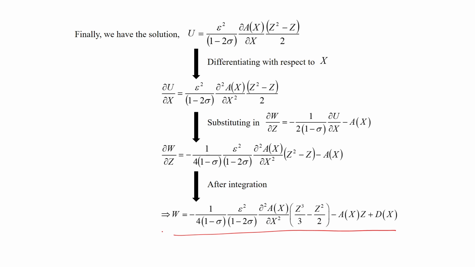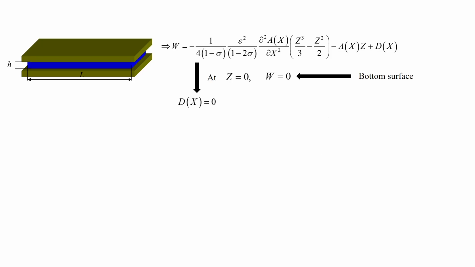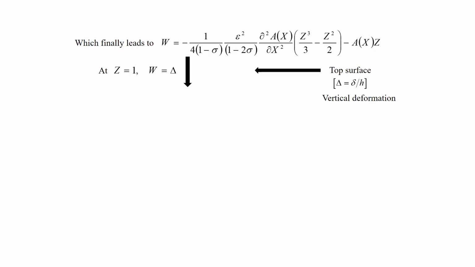So, I have done all that. So, let us take this equation, okay. So, let us live with this. So, w is equal to this. So, now at z equal to 1, this w will be equal to capital delta, because capital delta is delta by h here. So, therefore, we should get some idea of the A, that is what we are doing.